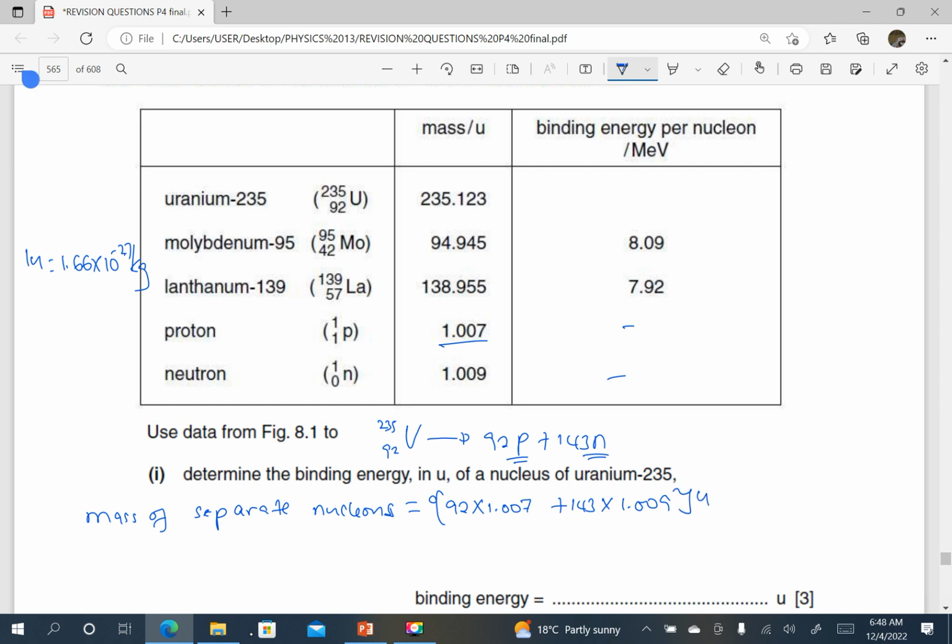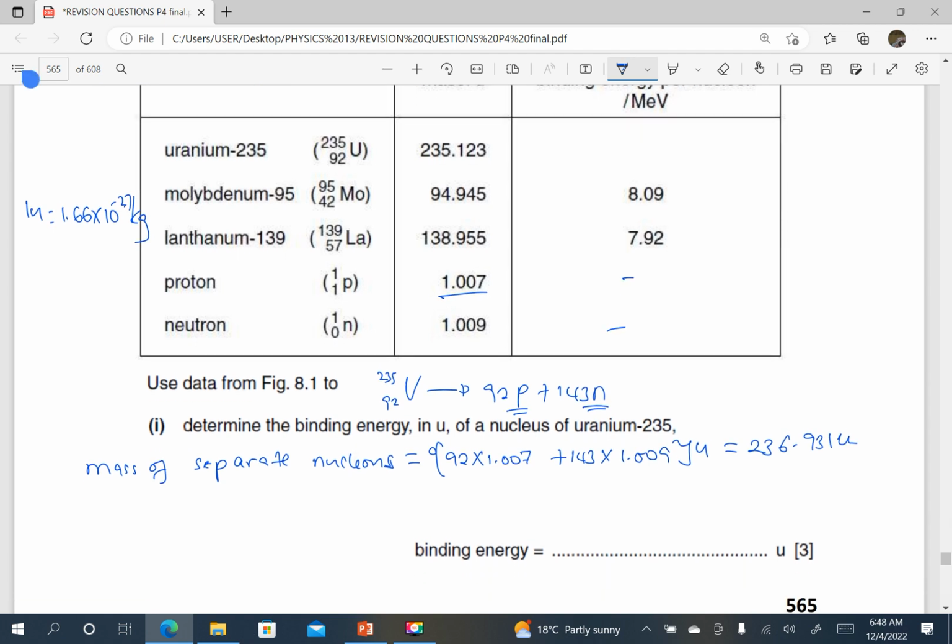So the unit here is U. I just press my calculator. So this is giving me the mass of separate nucleons to be 236.931 in unified atomic mass units.